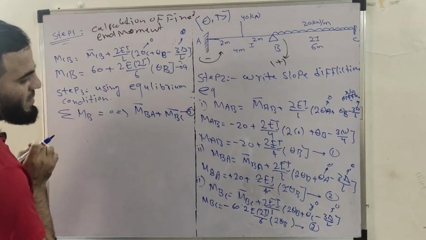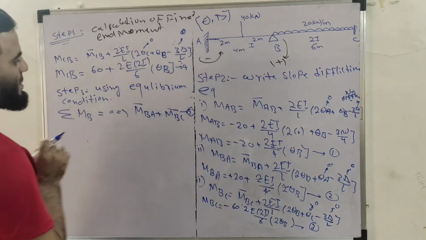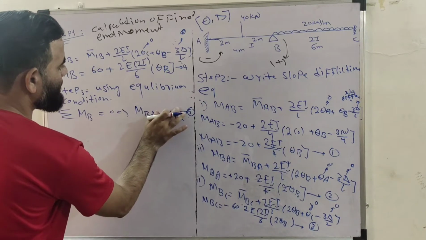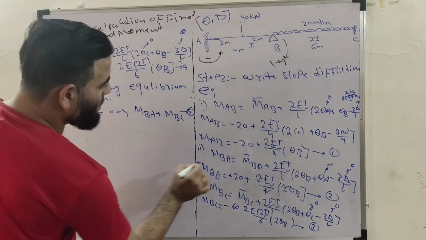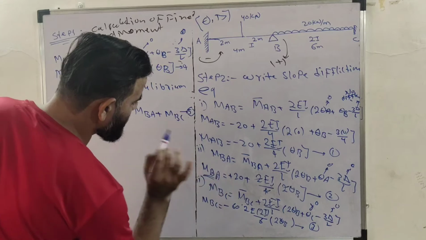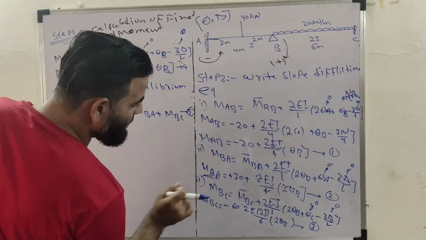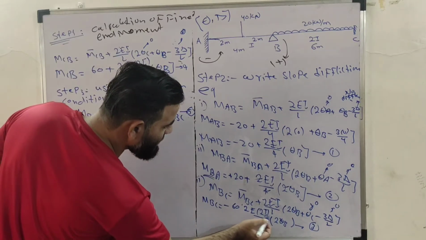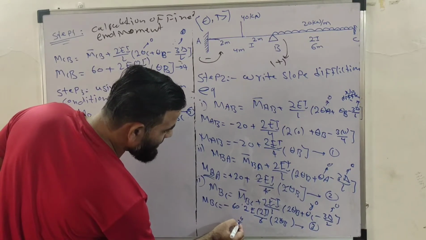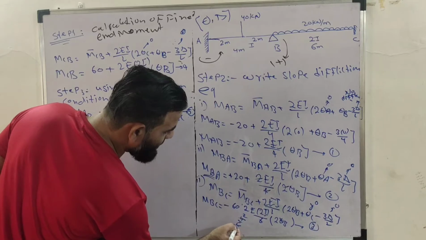Equilibrium conditions, this one. Moment of BA is equal to this one. Moment of BC is equal to this one also. We will 4 by 6, 2 by 3.